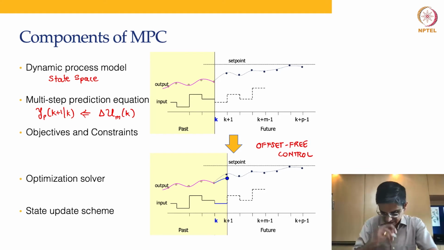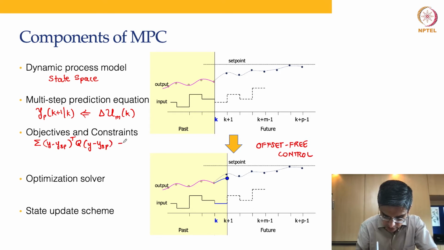The objective is a quadratic objective function, which is the summation over the prediction horizon of y minus y set point transpose Q y minus y set point, plus the summation over the control horizon of delta u transpose R delta u.